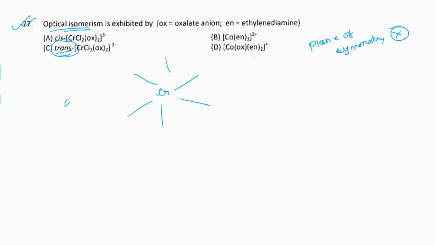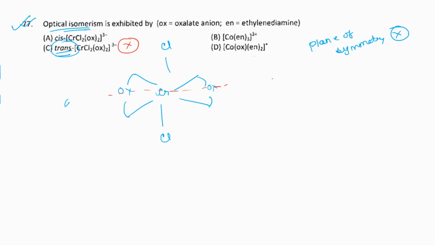Now, I am giving Cl as trans and OX2. So OX over here and OX over here. It is clearly seen that it has a plane of symmetry. So this will not exhibit optical isomerism.